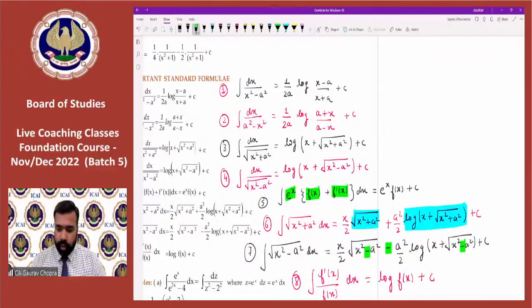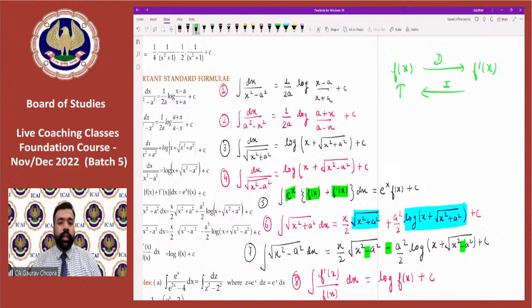In the first one, we discussed when function is there, we differentiate, it becomes f dash x. And if we integrate f dash x, we again reach to function. So after integration, we are always reaching to the function that is f(x). So that is why we are writing f(x), okay, and not f dash x.